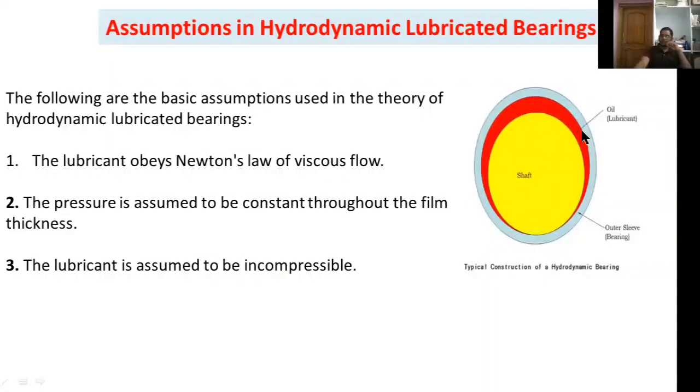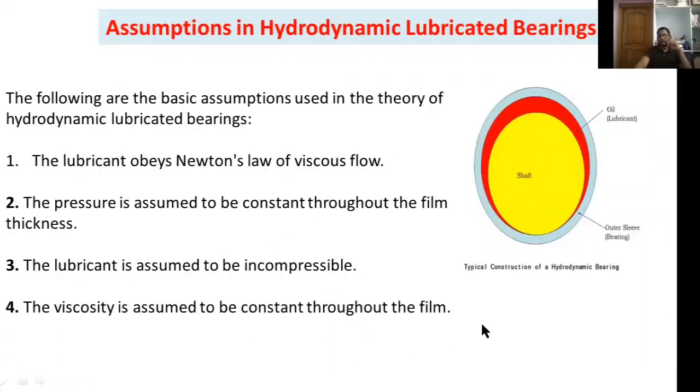Here we are using lubricant between the shaft and bearing. So this lubricant is an incompressible fluid. Incompressible fluid means it is not a gas. It is a liquid or semi-liquid.